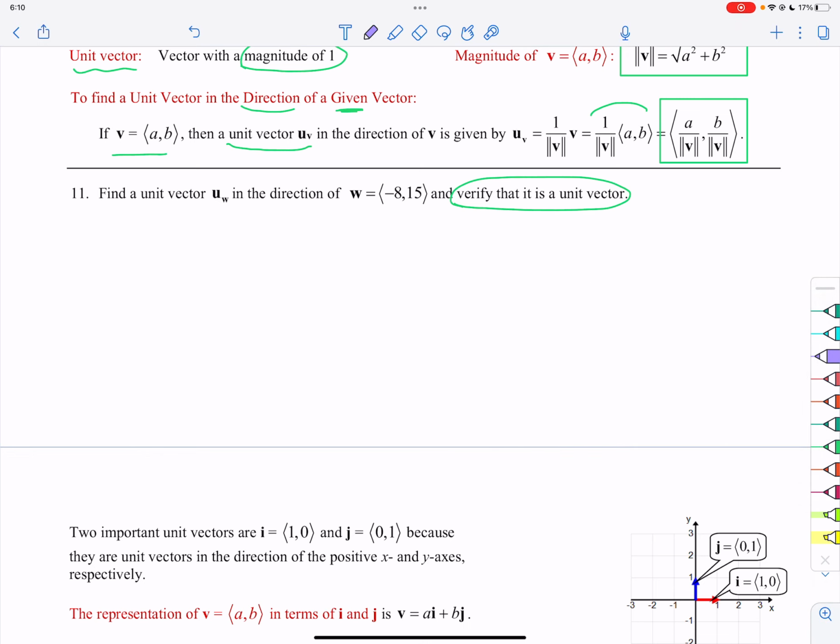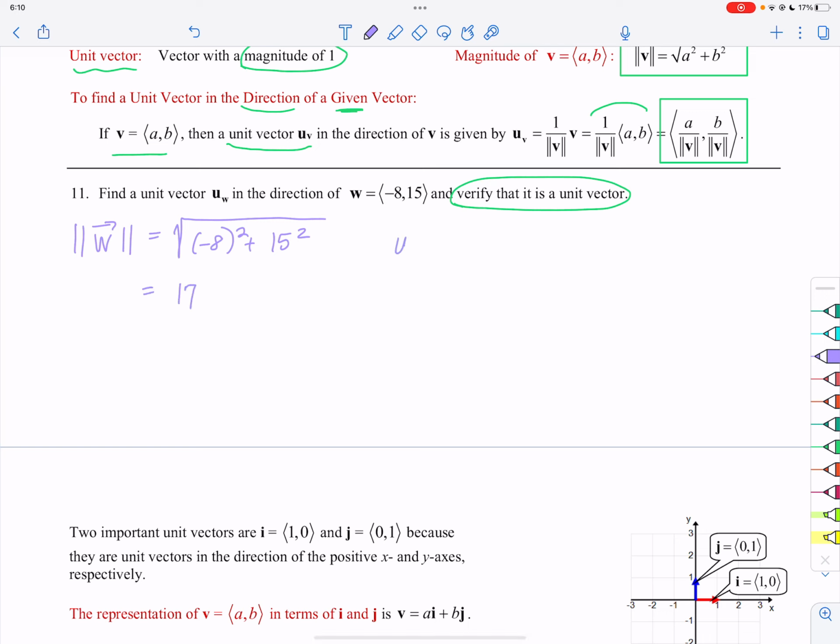So let's begin with the magnitude of vector w. And that's going to be equal to the square root of negative 8 squared plus 15 squared. And here we come up with 17.